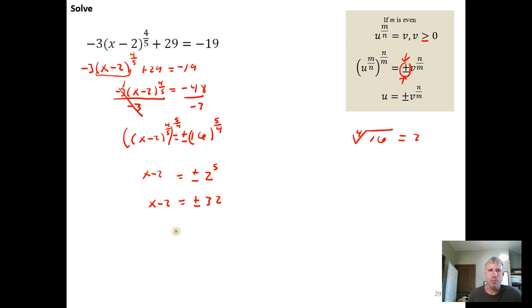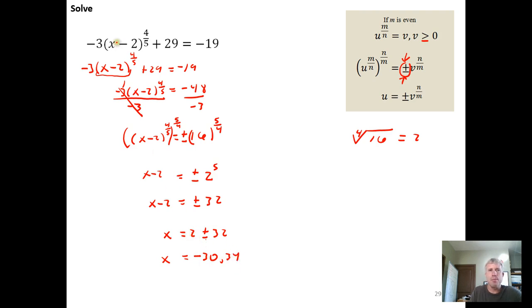We add 2 to both sides to isolate the x, so we get 2 plus or minus 32. That gives us x equals 2 minus 32, which is negative 30, and 2 plus 32, which is 34.